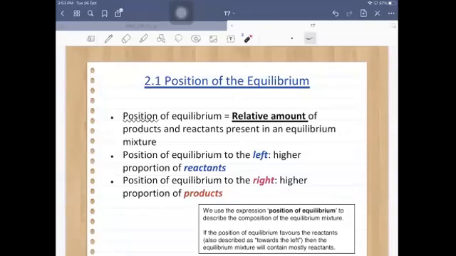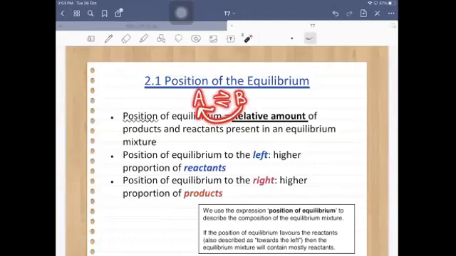So when we say the position of the equilibrium is shifted to the left, so if I have A to B, where A is my reactant and B is my product, and that my equilibrium is shifted to the left, that means I have more B. Sorry, that's shifted to the right. Shifted to the left means that I have more A than I have B in my equilibrium mixture.